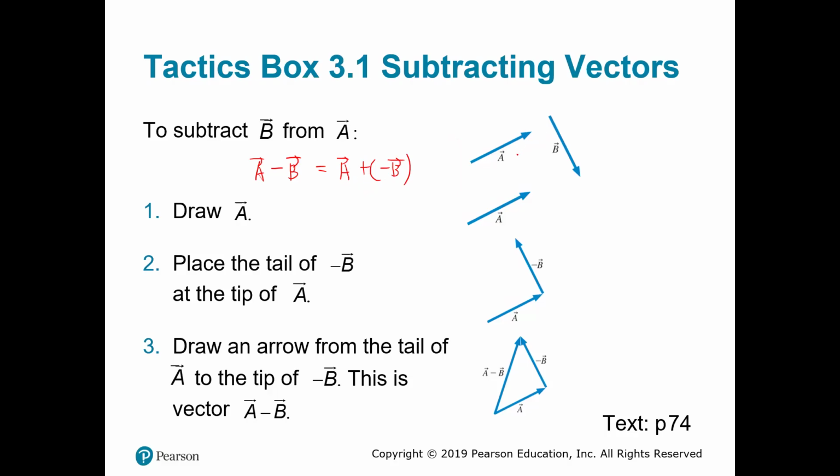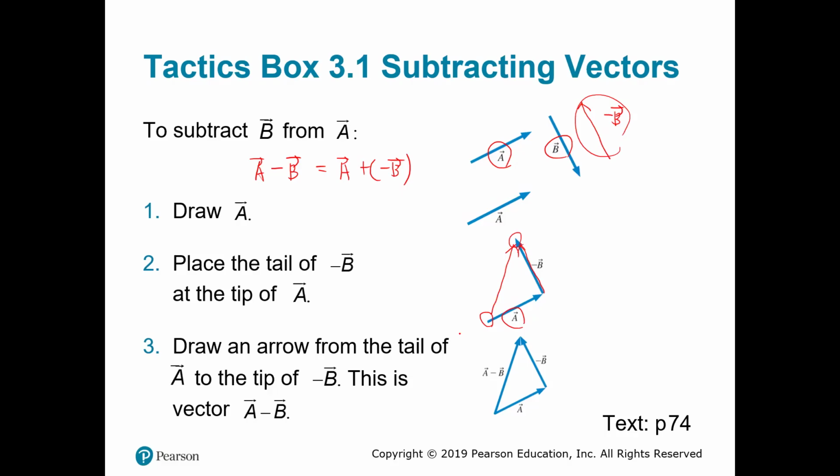So in other words, assuming we have A vector and B vector, right? We don't want to add these two. Instead, we want to add A vector plus minus B vector, right? So you have to draw the minus B vector. Then, in order to add these two vectors, again, you draw the A vector first, and you draw minus B vector, and then connect starting to the end.